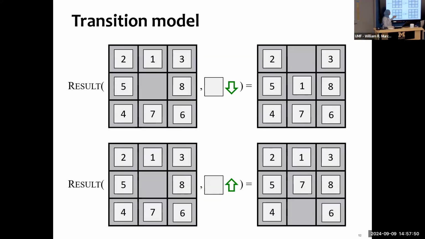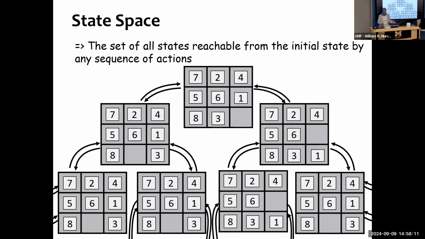There is not only one; we went through different examples. If I move it down, I will have an empty space here, and this is the result given by the function RESULT, the transition model. Another time, if I move here, I will find this result. So as you can see, guys, we obtain multiple elements from that transition model.